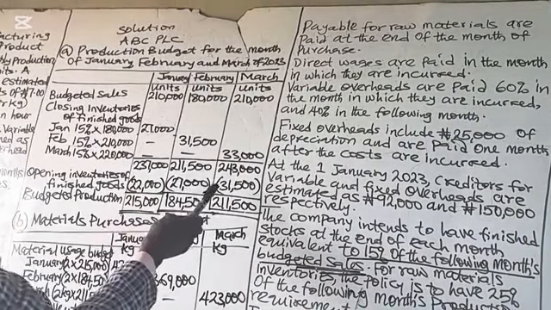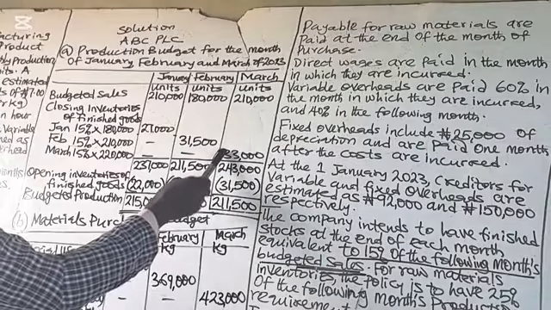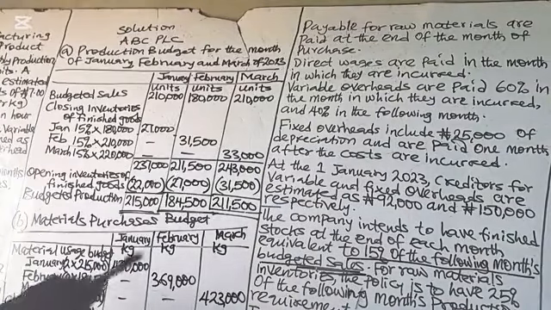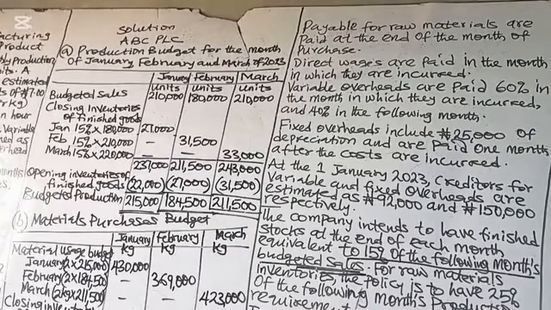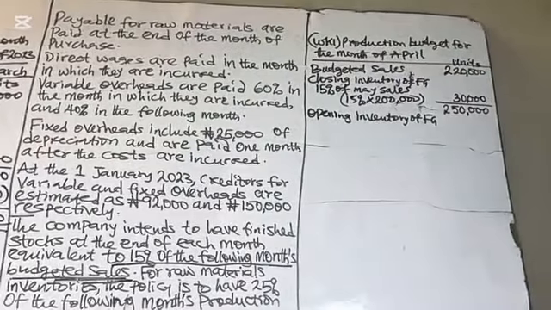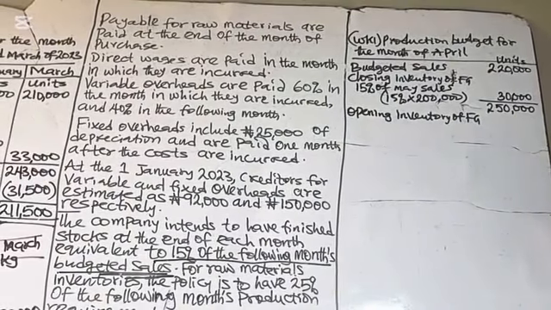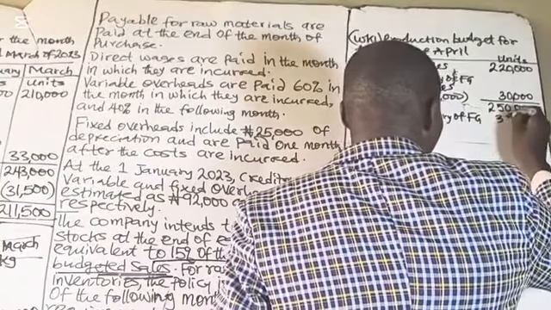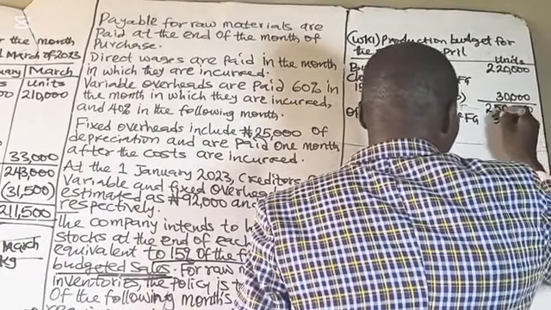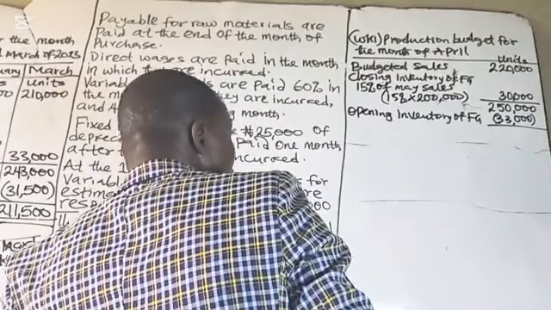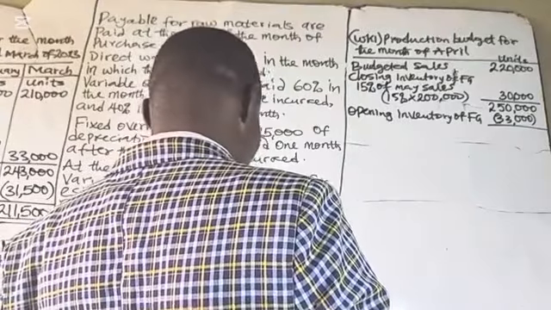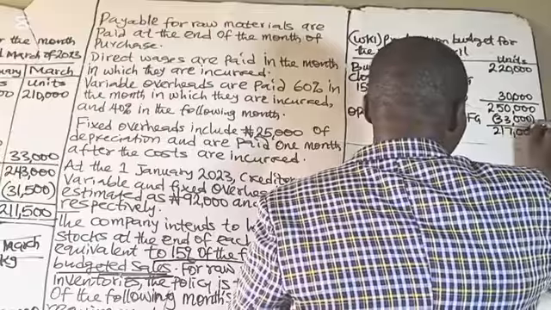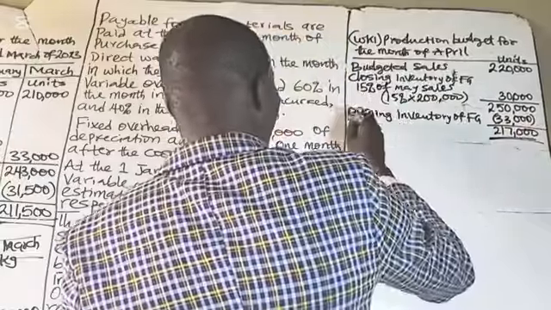The closing inventory in the month of March is 33,000 units, which automatically becomes the opening inventory in the month of April. If you subtract 33,000 from 250,000, you'll be left with 217,000 units. That is the budgeted production in the month of April.